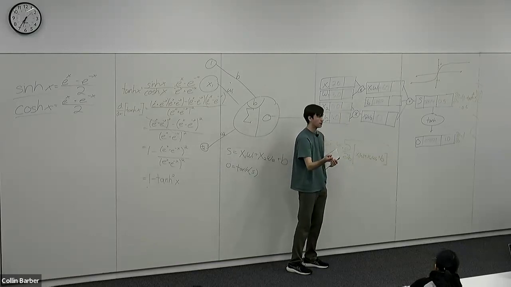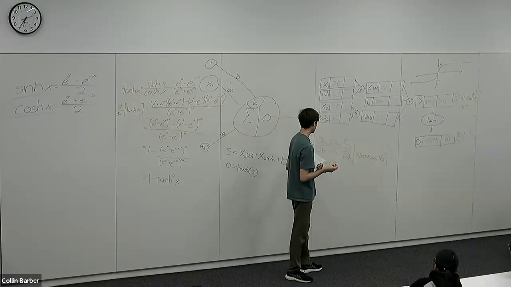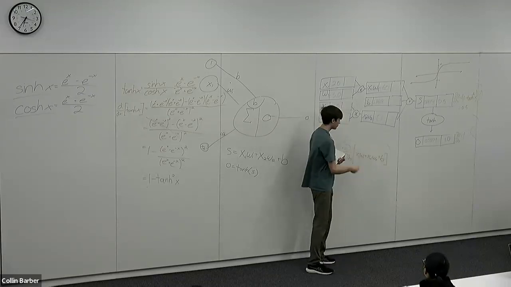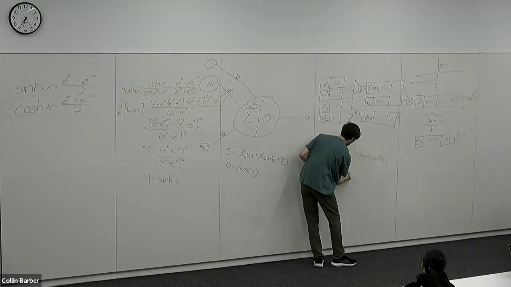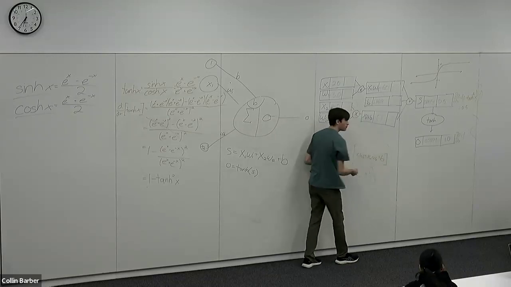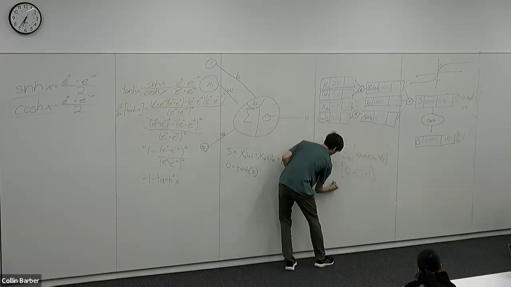Exactly, so we treat them as constants. x1 w1 is a constant, so this simplifies to 0, plus another 0 because this is a constant, plus 1, because the derivative of b with respect to b is 1. And at the end of the day, our gradient just became 0.5.